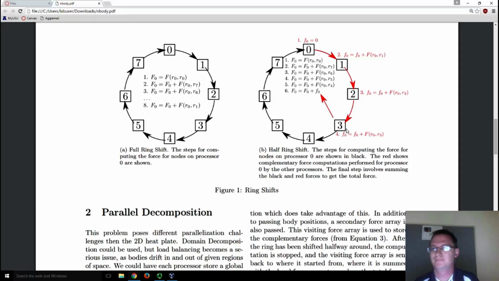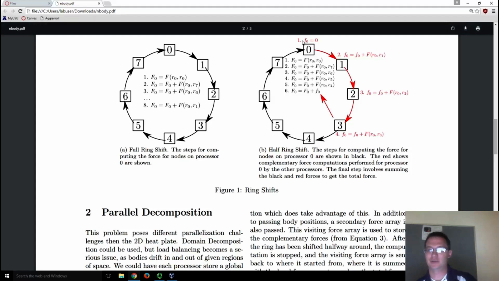Make sense? Yes and no. So I get the concept, but the red only does 3 shifts. Yeah, it can't do another shift because there's an even number of processors.